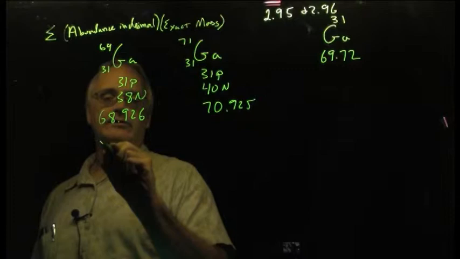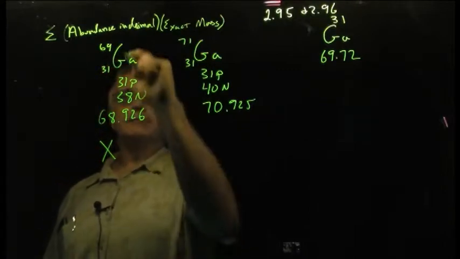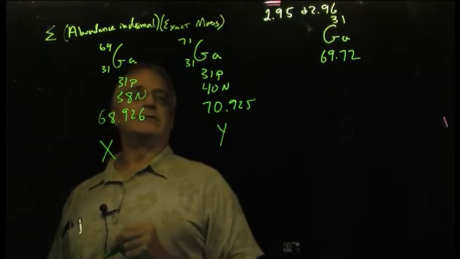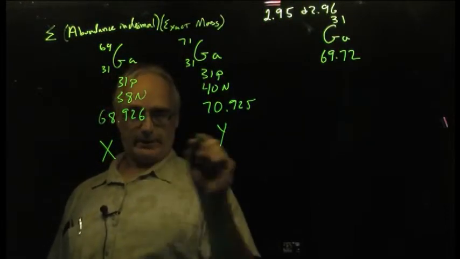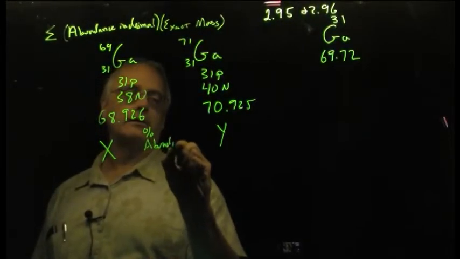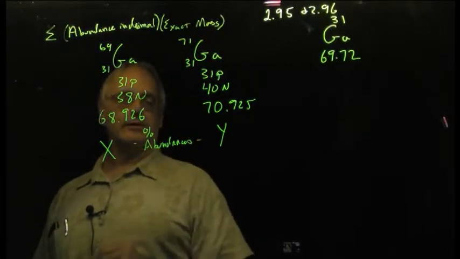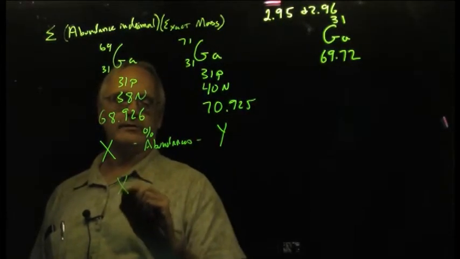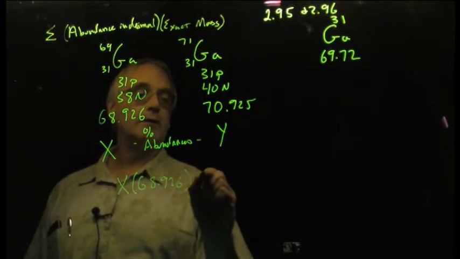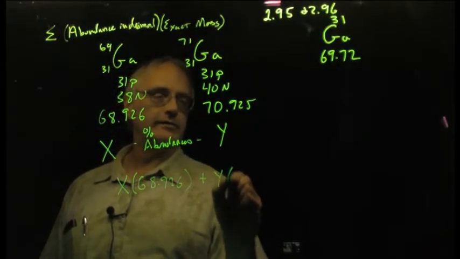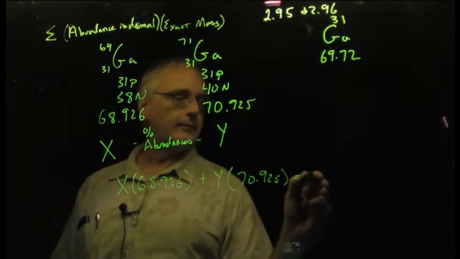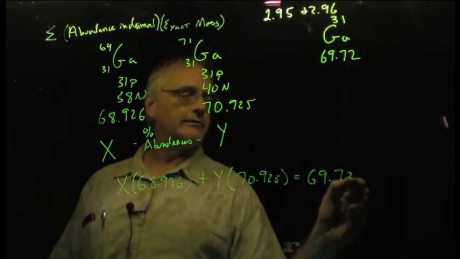In other words, this particular problem, knowing where we want to go with it, is simply this. Let X be the percent abundance for gallium-69, and Y the percent abundance for gallium-71. And we're essentially told whatever x is times 68.926 plus whatever y is times 70.925 must add up to 69.72.